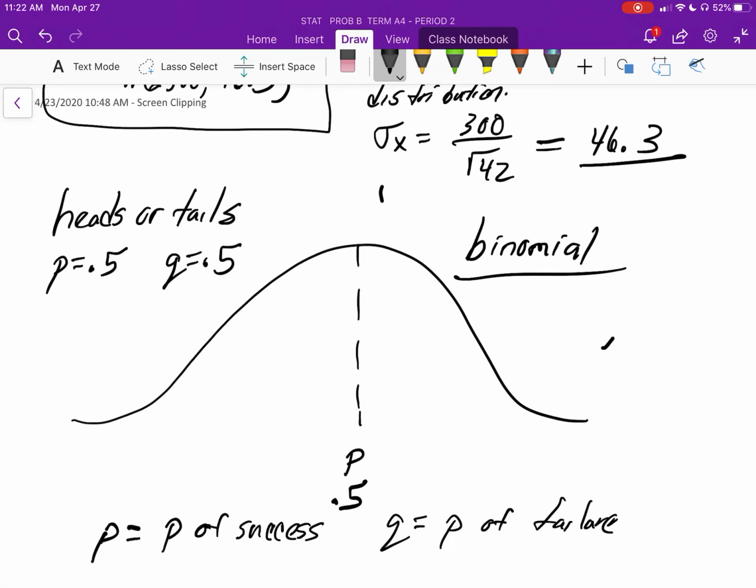Anything can be expressed as a binomial as long as there's two outcomes. If you are an 80% free throw shooter, the probability of hitting your free throw is 80%, and your probability of missing is 20%. So I will present those examples that I gave you later on in the week.